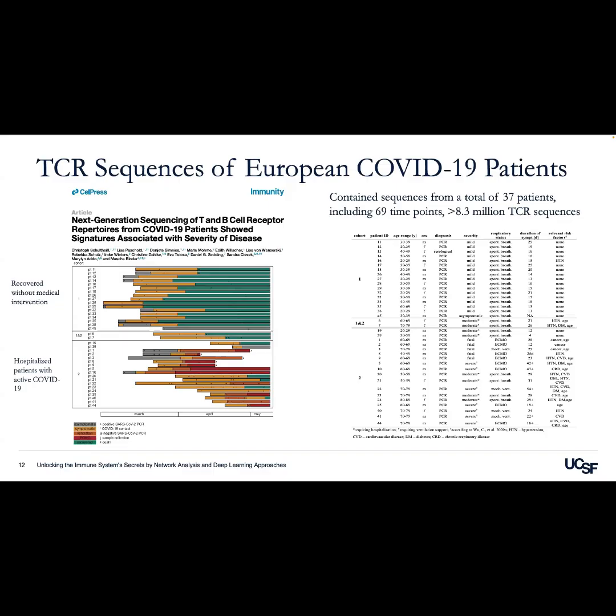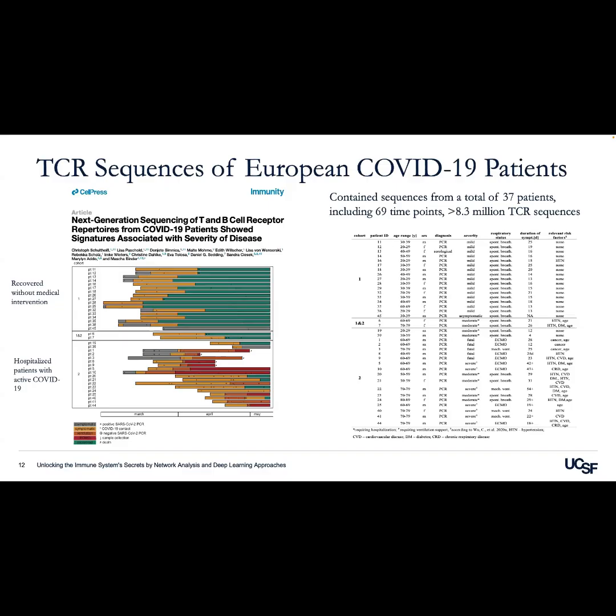What we distinguished was based on their symptoms. We distinguish whether the sample was collected when the individuals had active COVID symptoms versus when they had already recovered.